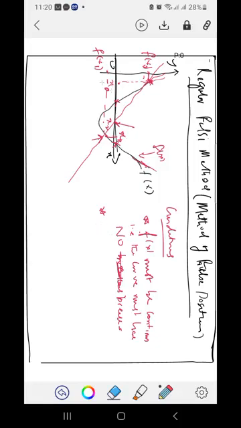The f values of them, that is f of x naught and f of x1, must have opposite signs.